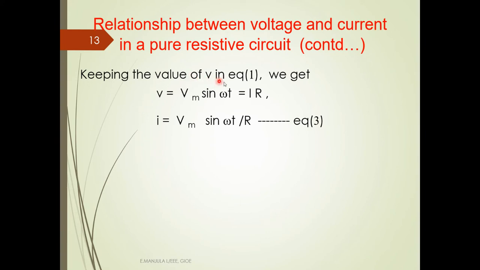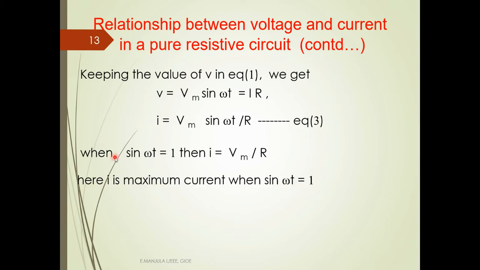Keeping the value of v from equation 1 in equation 2, we get v equals V maximum sine omega t, which equals i into R. Here this is small i, that is the instantaneous current. So i equals V maximum sine omega t by R, and we are taking this as equation 3.